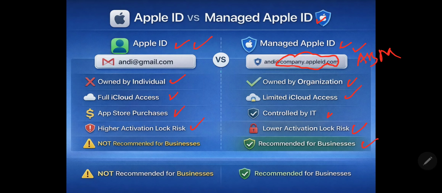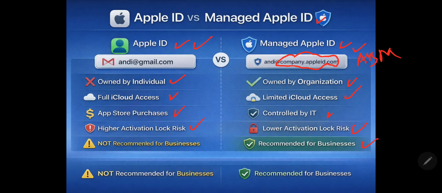How to register an Apple ID? You can create a personal Apple ID individually without any company involvement. Steps: 1. Go to appleid.apple.com. Click Create your Apple ID. Enter your name, date of birth, and email address. This will be your Apple ID.